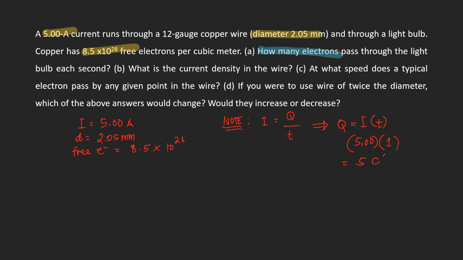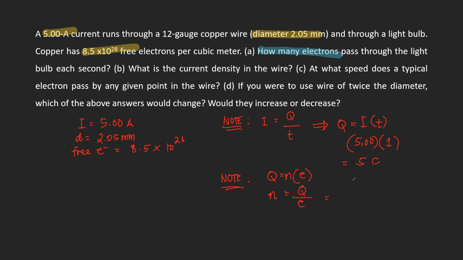5 coulombs. Since we're looking for the number of electrons, we need to note again that it'll be the number of electrons times the charge of my electron. So e is the charge of your electron. Now, we're looking for the N. N is your number. So that is charge, our Q a while ago, which is 5 C, divided by the charge of the electron.